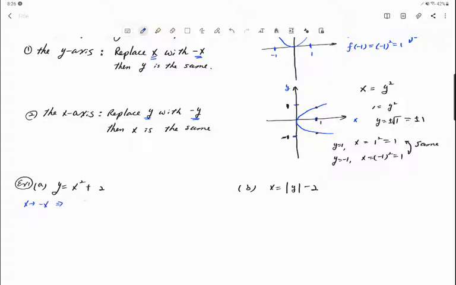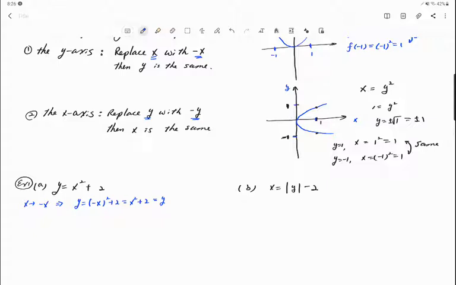Plug in negative x, then negative x squared is x squared, plus 2. And this is also y, same y, right?